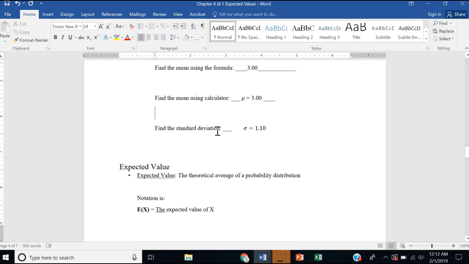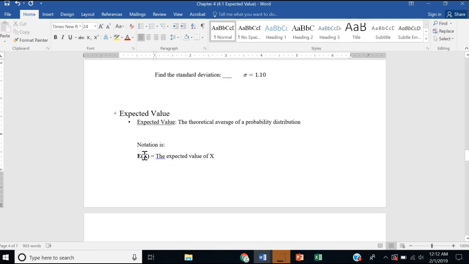And if we had to continually use this mu notation, we'd have to continually explain it every time. So now we can just switch the letter from x to y, from y to z, from z to a, and it always means expected value of x, the average value of x, the theoretical average.